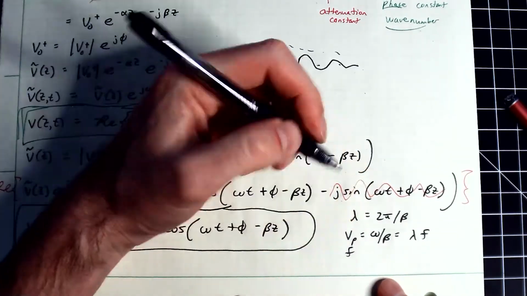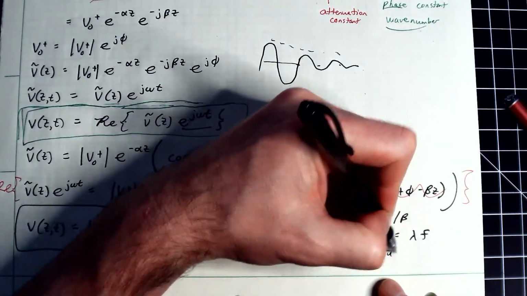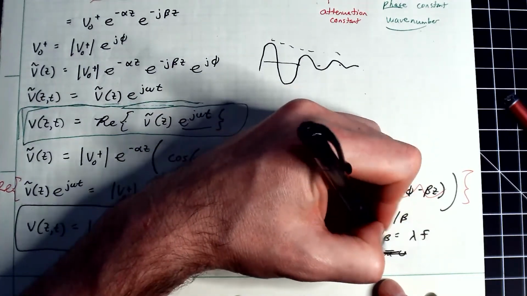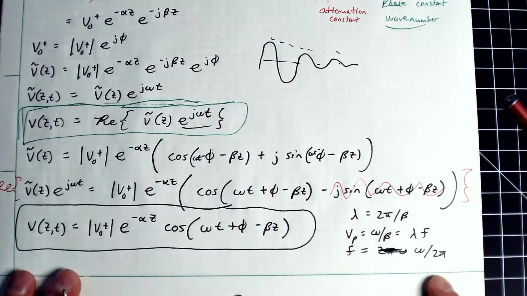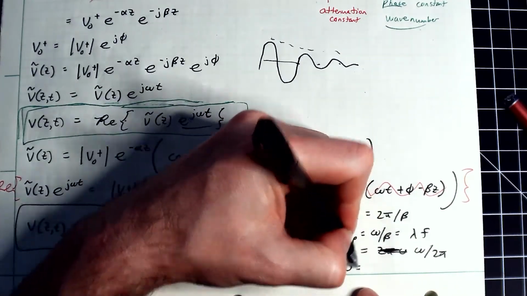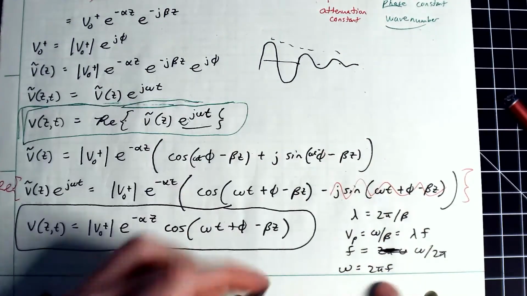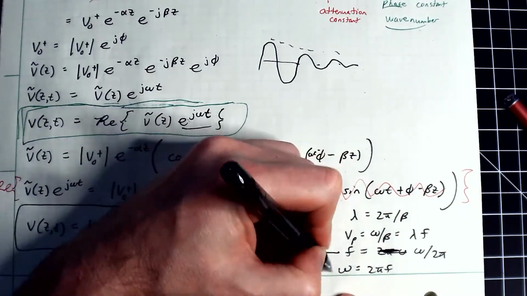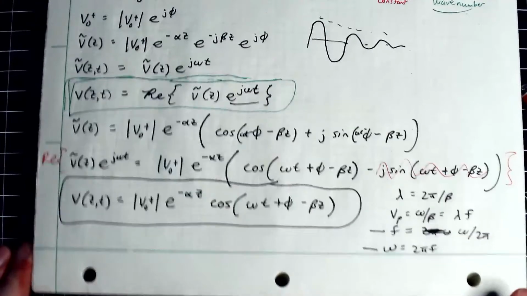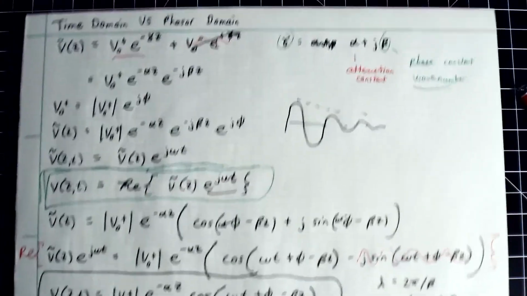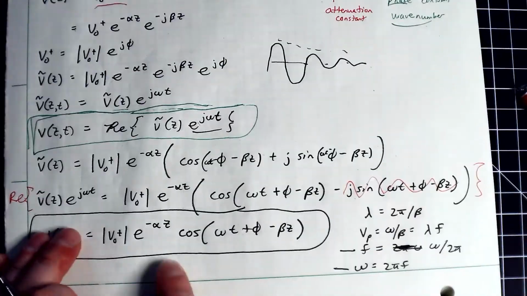And of course, frequency is equal to omega over 2 pi, like so. Usually I prefer to remember that omega is 2 pi times frequency. So that's called frequency, and that's called the angular frequency. So hopefully, again, this is all just review, but it's a very important thing that you'll have to do from time to time, where you start here and get this guy over here.